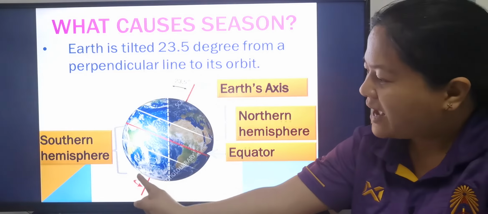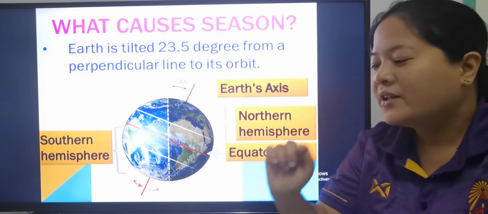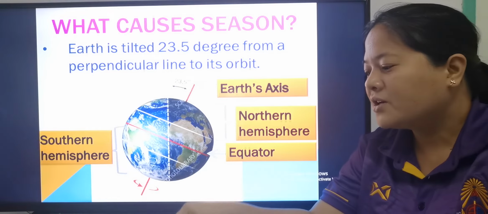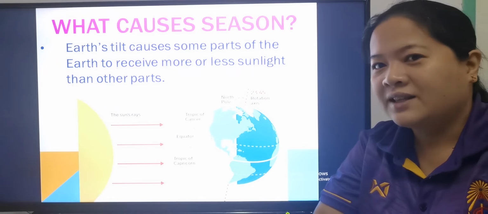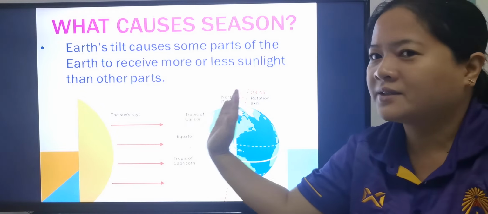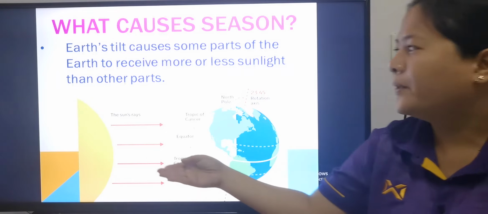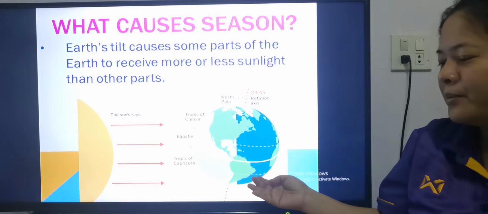So this is the Earth's axis. It is tilted 23.5 degrees. Now, why am I teaching you this? Because it's important. Since the Earth is tilted, some parts, this is the sun, will receive more sunlight compared to the other parts.